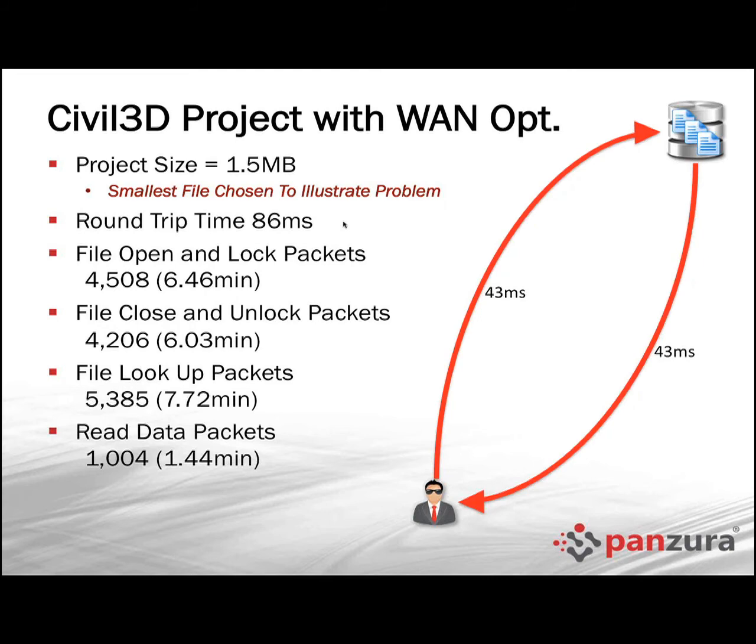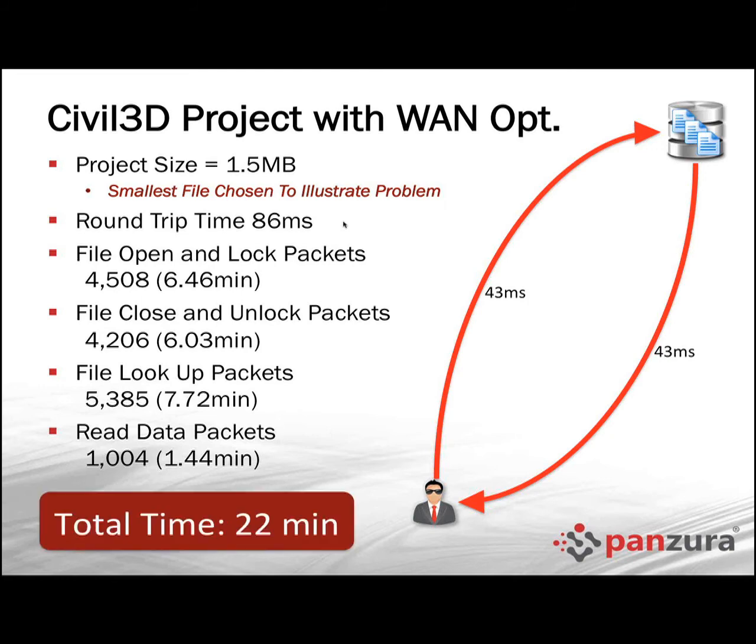If you do the math on that, 7% of the network traffic was actual data. The 93% in this case was chatter. And if you add that all up, that comes up to 22 minutes. That's exactly what the end user was seeing, waiting for that simple template to open in San Diego as they were pulling it in from their New York headquarters.